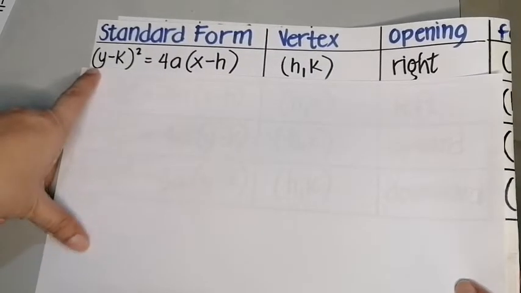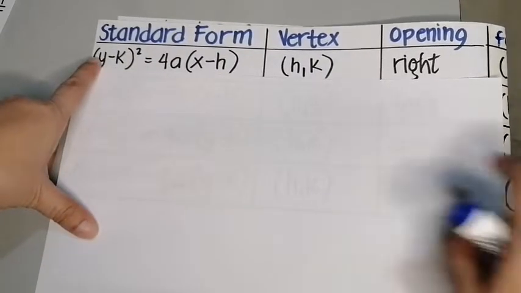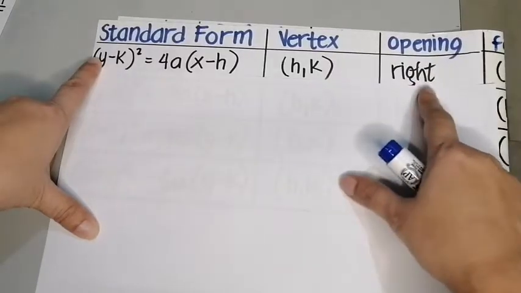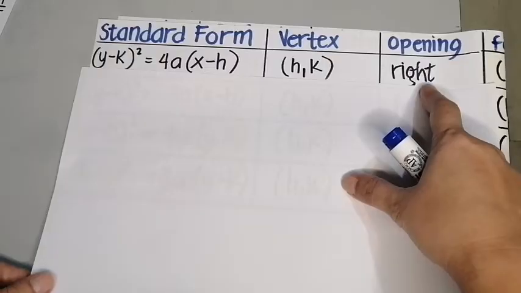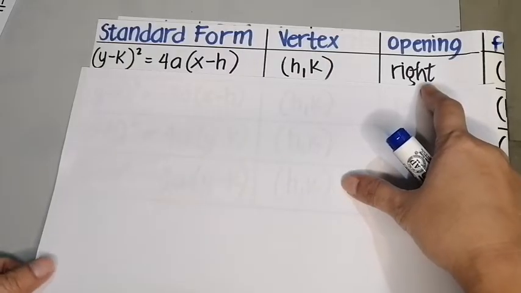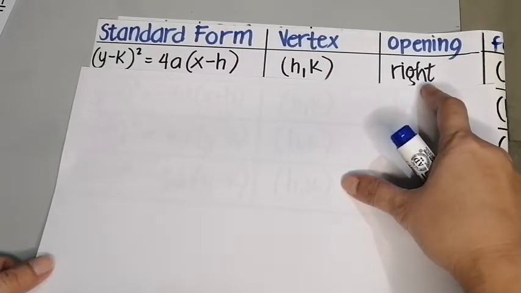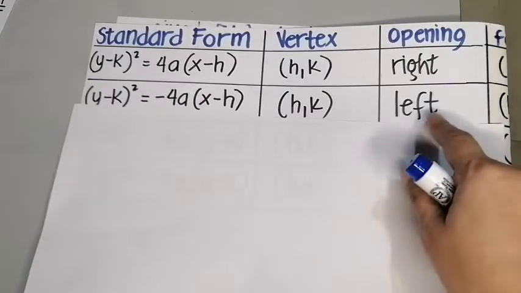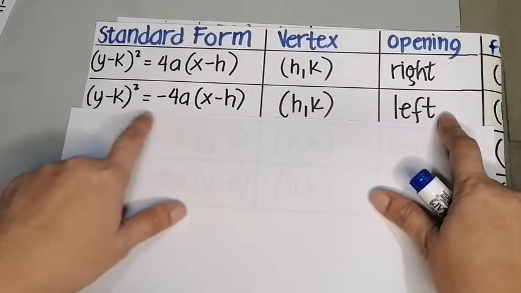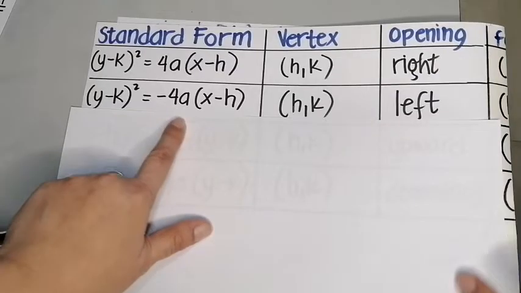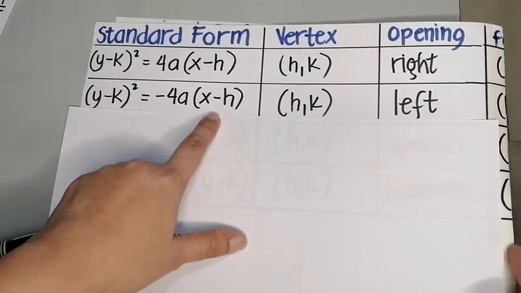Again, this is the equation of the parabola with vertex at (h, k) and it opens to the right. Now, what about the parabola that opens to the left? What do you think is its standard form? That is (y minus k) quantity squared equals negative 4a times the quantity (x minus h).